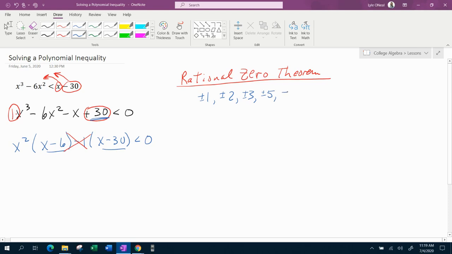Plus or minus 5. 5 times 6 is 30. 3 times 10 is 30. 2 times 15 is 30. And 1 times 30 is 30.